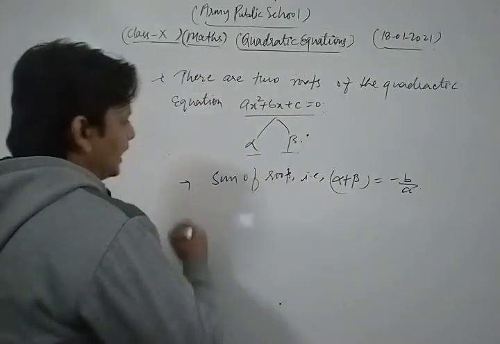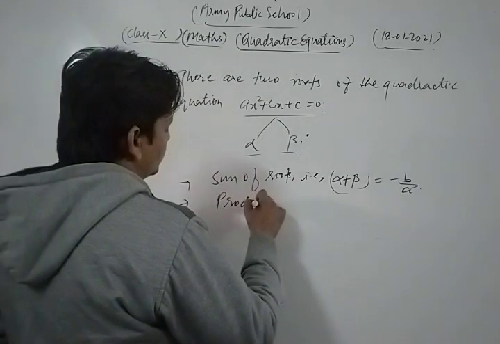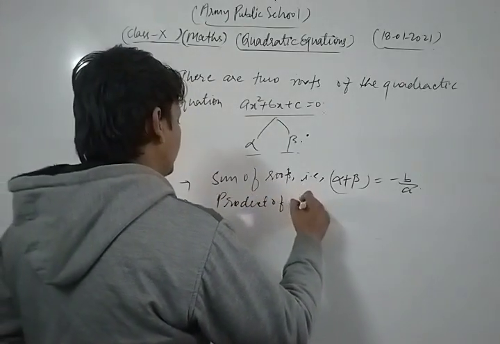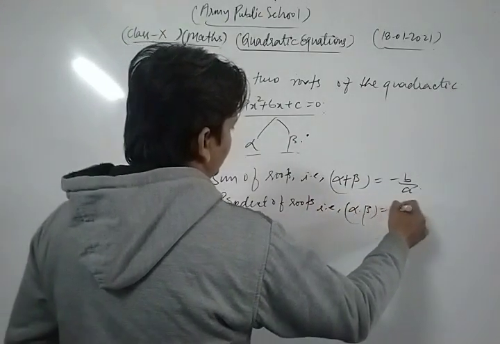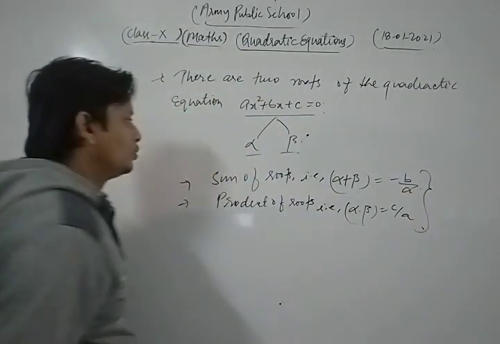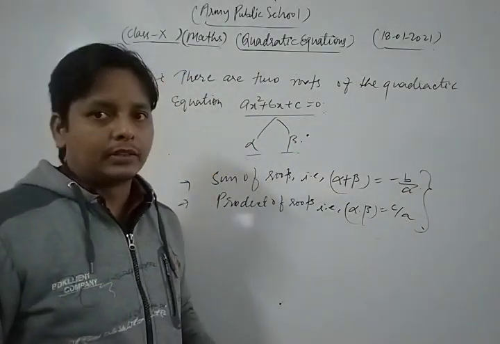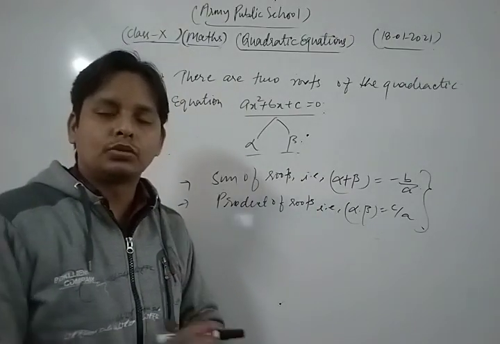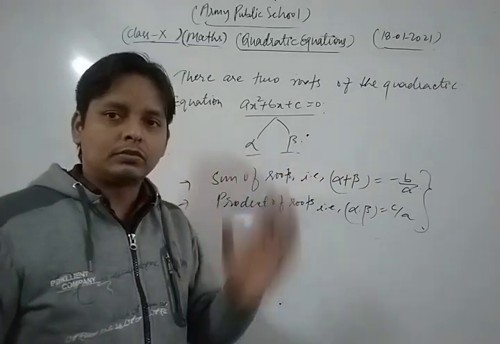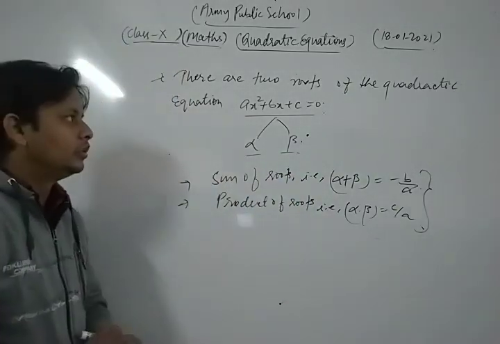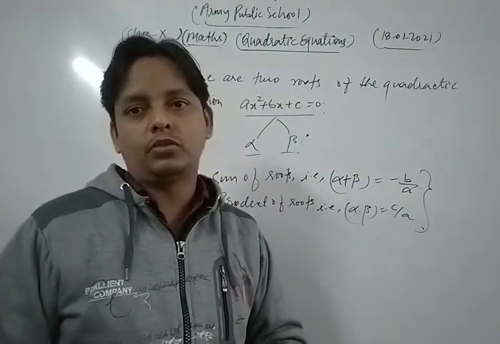This is the sum of roots, and the second relation is the product of roots, that is alpha into beta, which is equal to c by a. So there are two important relationship formulas relating the roots and the coefficients. This is a very important formula, and there are so many questions based on it. In this way we clear the concept of roots of the quadratic equation.